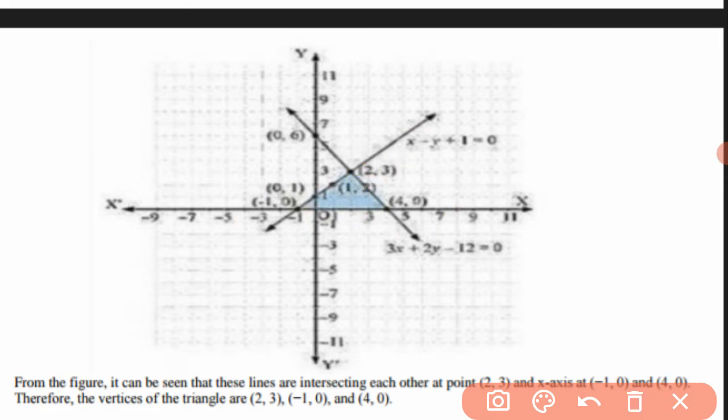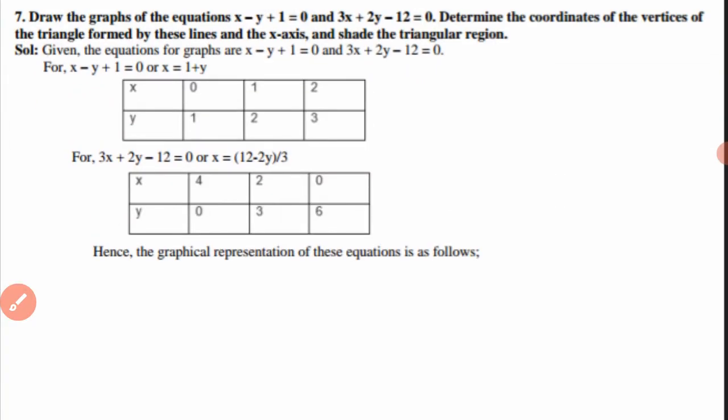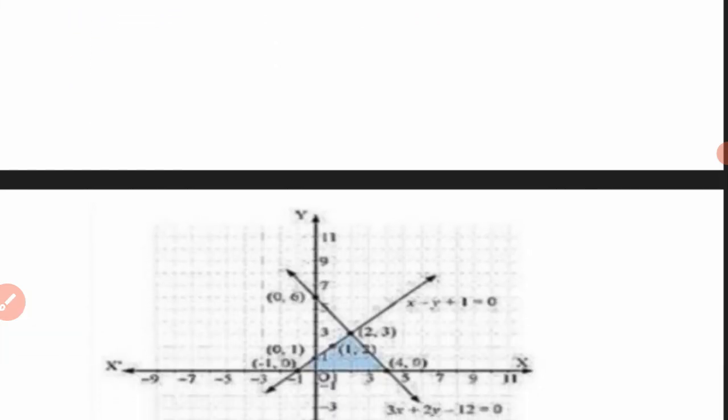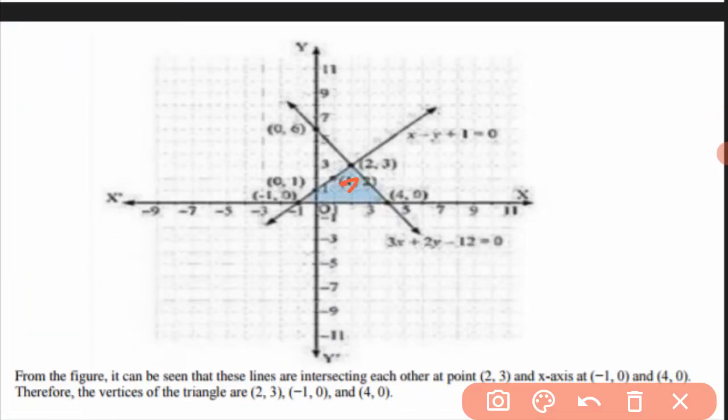From the figure it can be seen that the lines intersect each other at point 2 3, and meet the x-axis at minus 1 0 and 4 0. Therefore these are the vertices of the given triangle. We have to find the vertices of the given triangle and shade this region also. In this way we can make this graphical representation and complete this question.